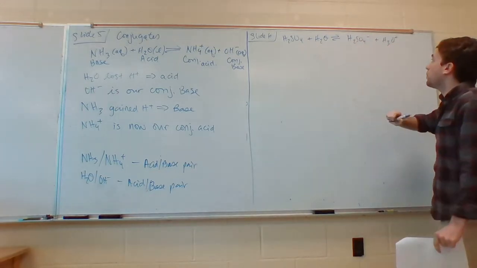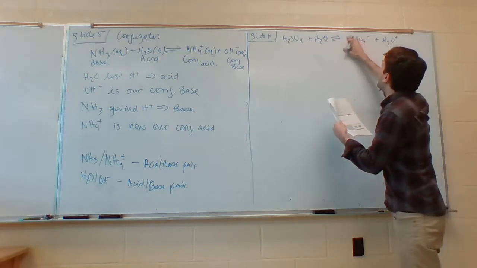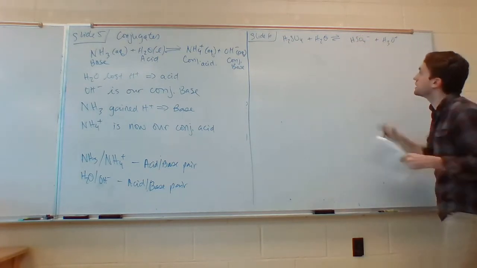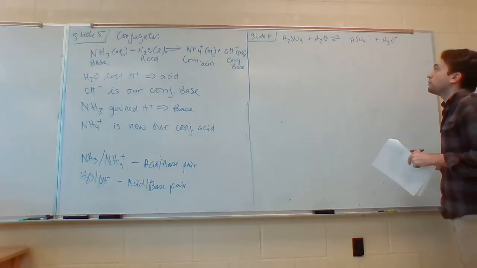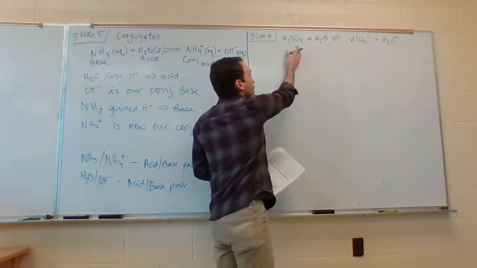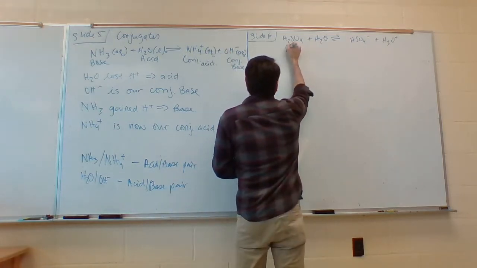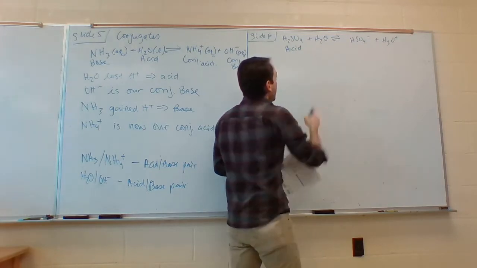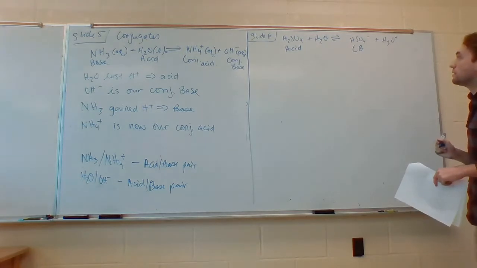H2SO4 becomes what? It becomes, I'm sorry, this should be HSO4 minus. So our H2SO4 became the HSO4 minus, which means that this one lost a proton. Since it lost a proton, it's donating a proton, that means that this is our acid, and that makes this our conjugate base.